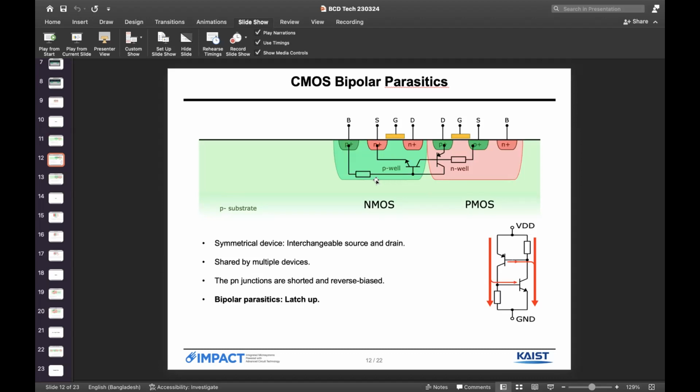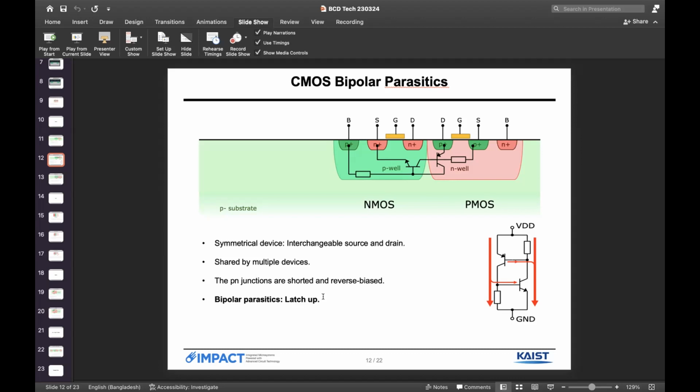So what will happen if we have latch-up? I'm sorry. Latch-up bipolar characteristic latch-up. Oh, actually, this part I am not really sure. Actually, latch-up is an issue.